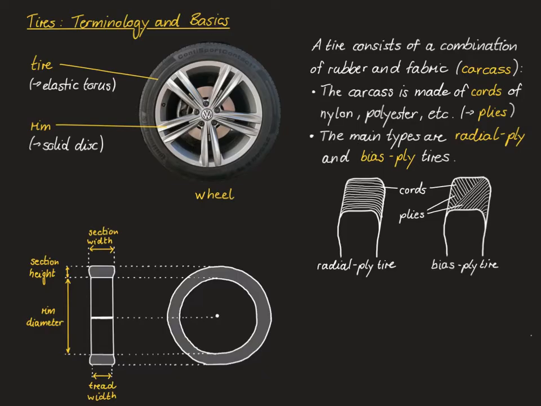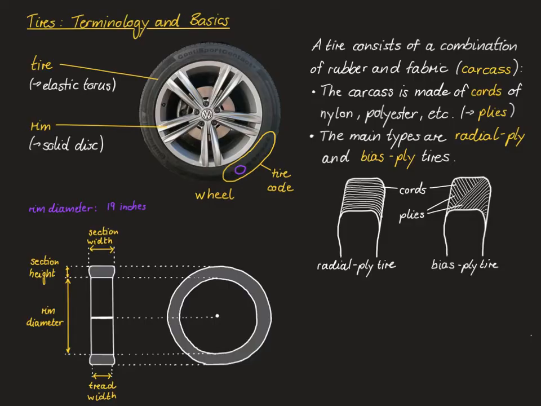So for example, if you look at the tire at the top, you can find the tire code down here. Probably the most obvious dimension is the rim diameter, which you can find in the tire code at this position. Note that this number here, 19, is stated in inches.